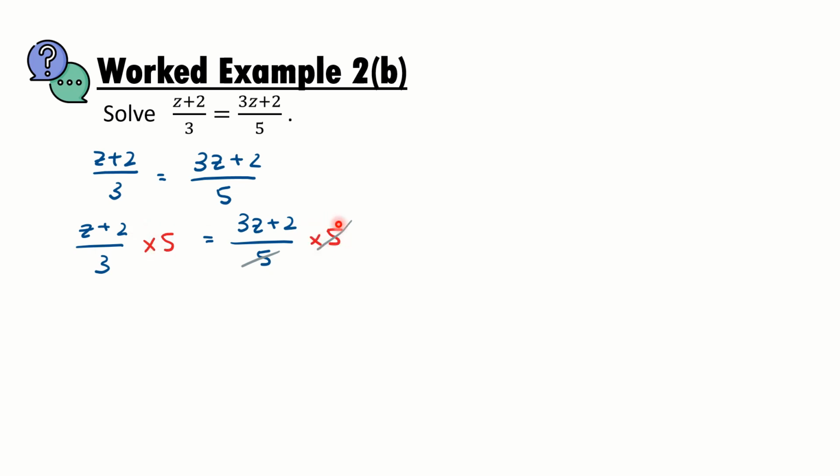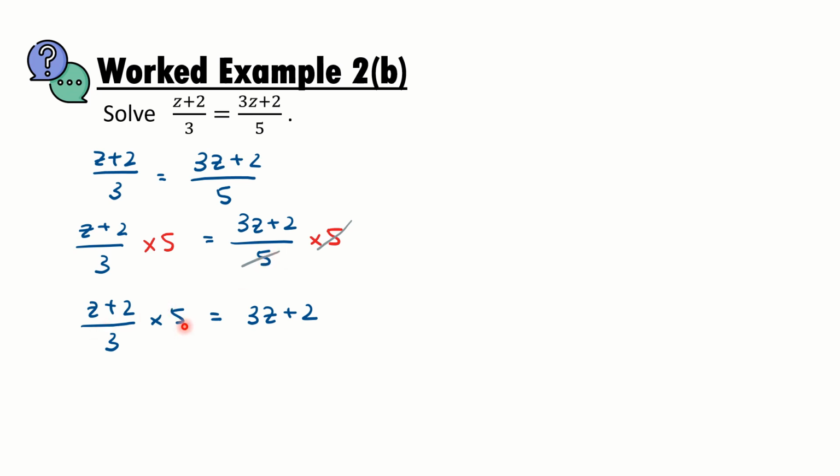Because this multiplication of 5 and this division of 5 neutralize each other, in other words, cancelling each other out, in my next step the left side remains unchanged as (z plus 2) over 3 times 5, and on the right side, I only have 3z plus 2. So I no longer have the 5 hindering me from trying to shift my 3z over to the left side.